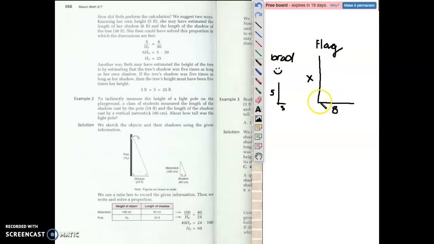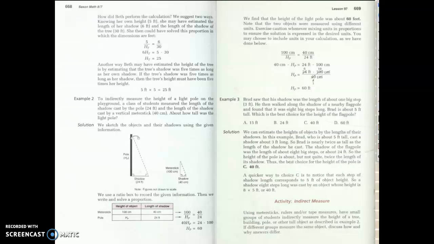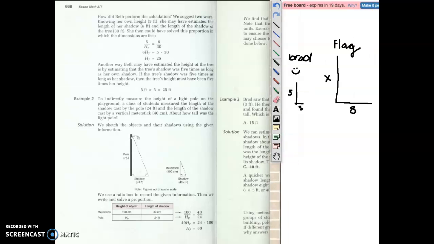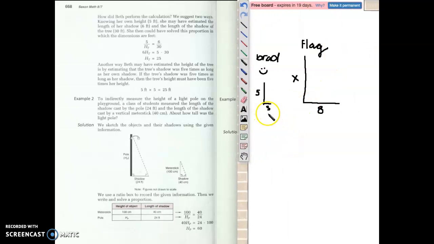The flagpole has a shadow that is about 8 big steps. Since 1 long step for him was 3 feet, we multiply 8 by 3 to get 24 feet. All of our units are now the same.